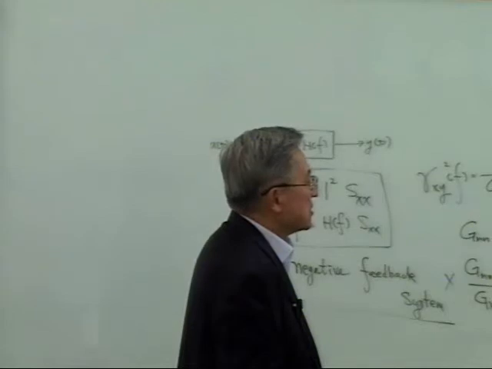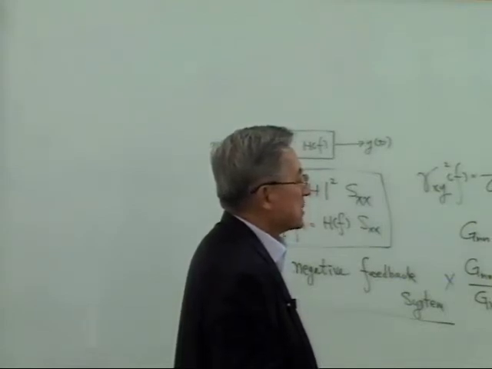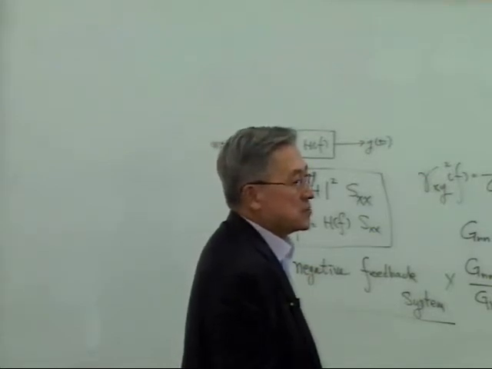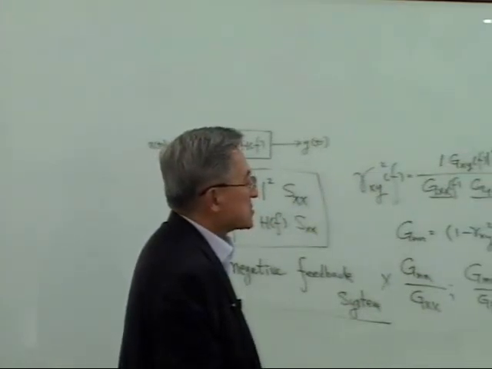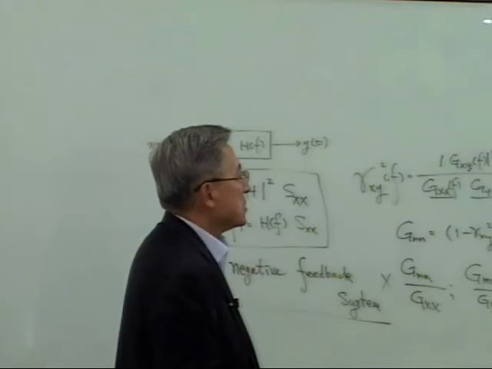X is the measurable input, okay? M you can't measure, which is part of it. Then Gxx is equal to Guu plus Gmm.